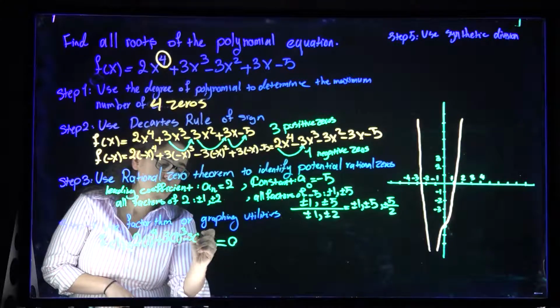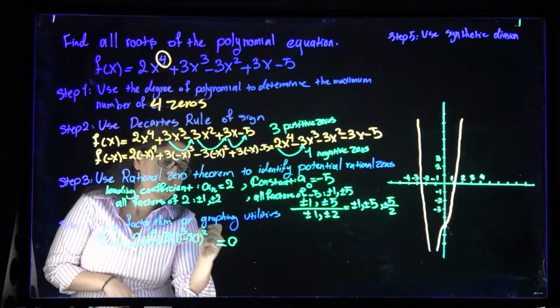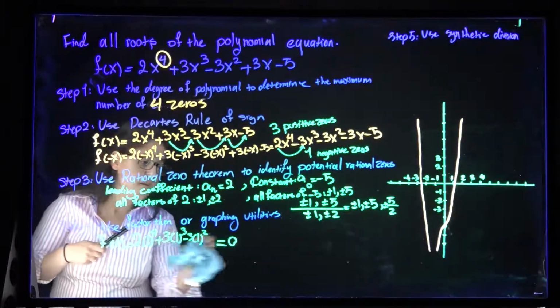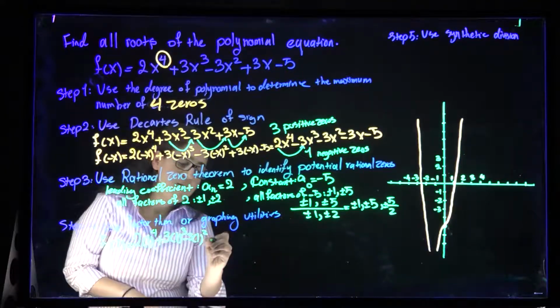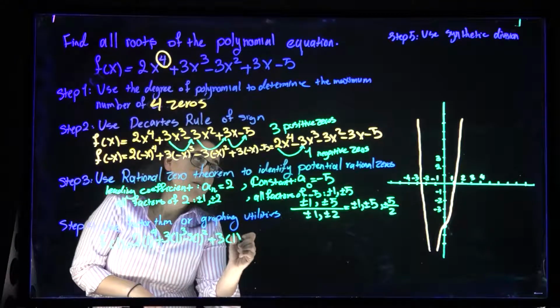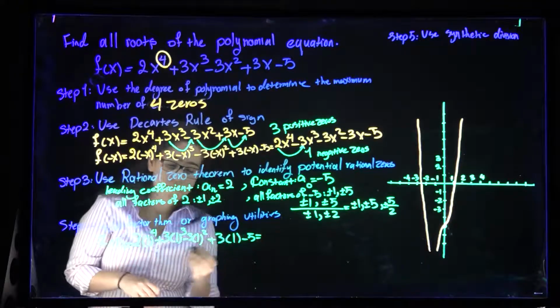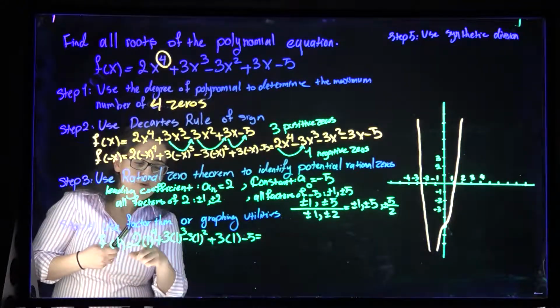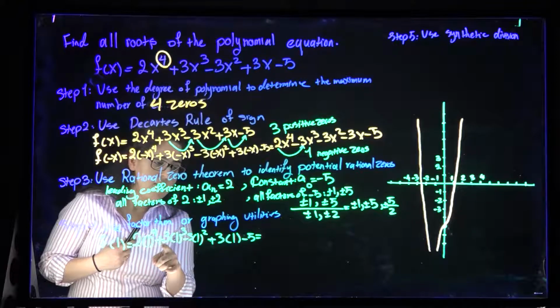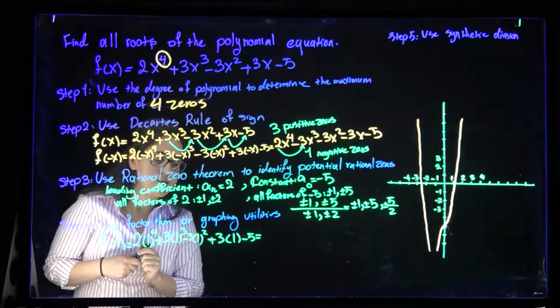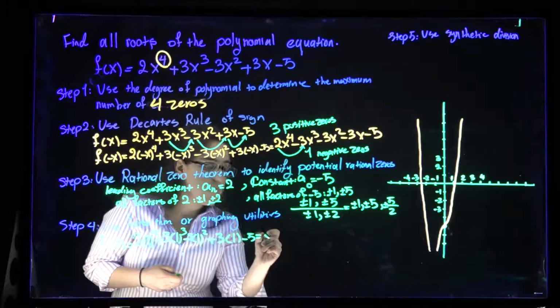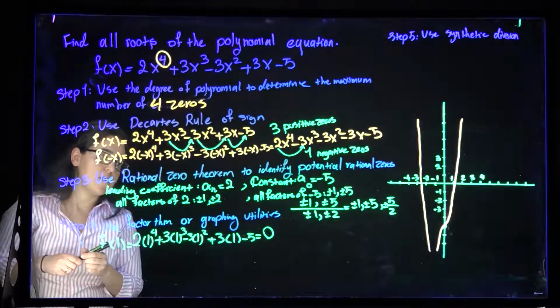Let's plug in 1 again instead of x. I don't have enough room. I have to put that plus 0 a little bit away. And I have plus 3 multiplied with 1 minus 5. So look, I have 2 plus 3, 5. That's going to cancel out my -5, and -3 and plus 3 is 0. So good thing I got 0.